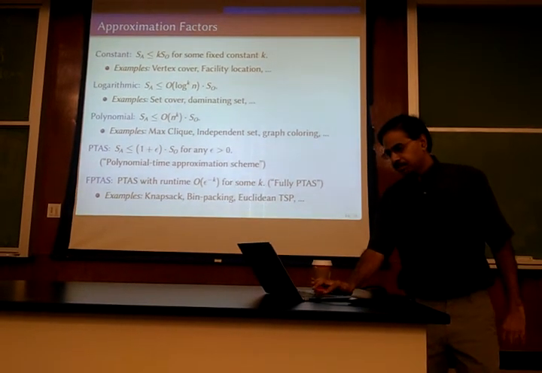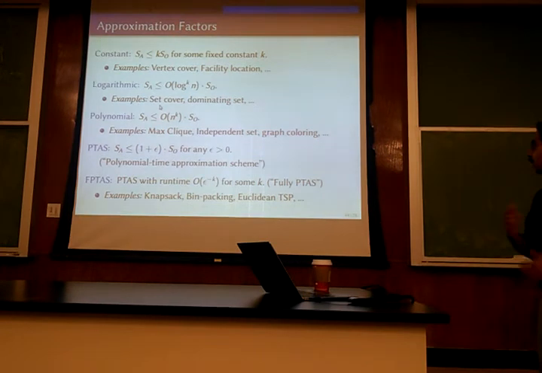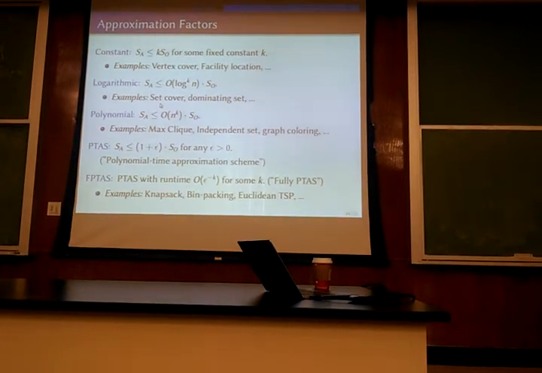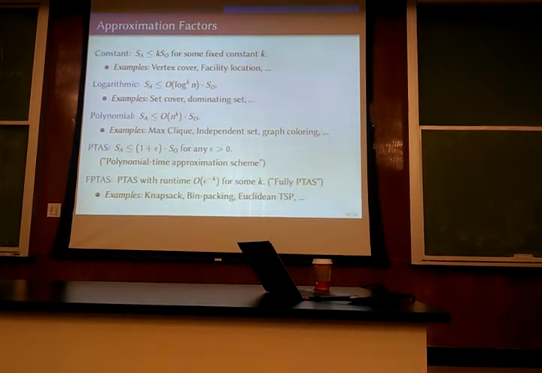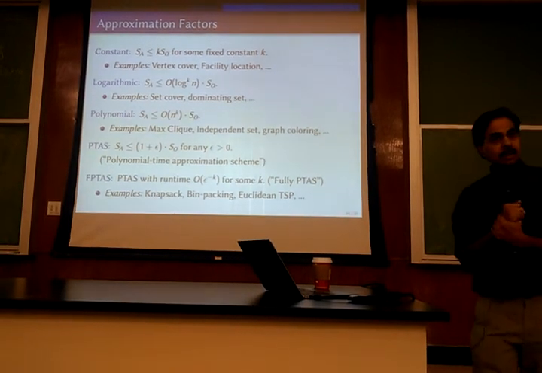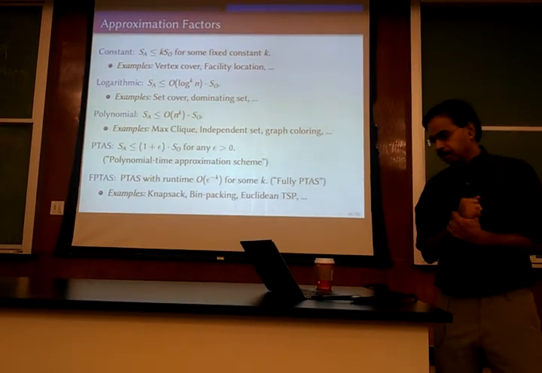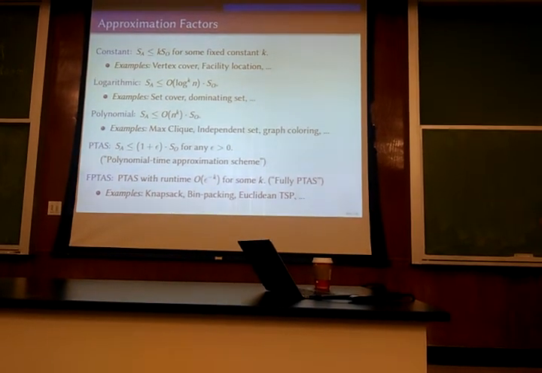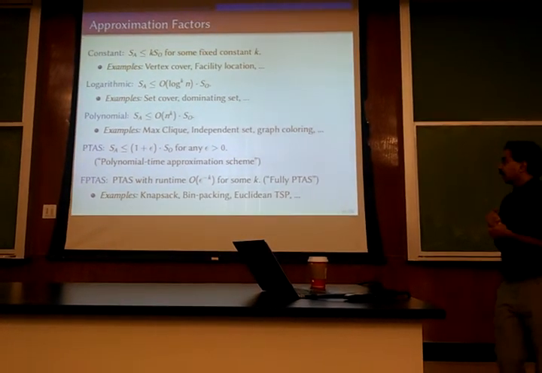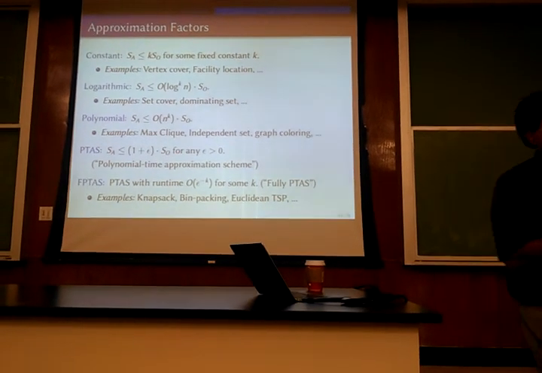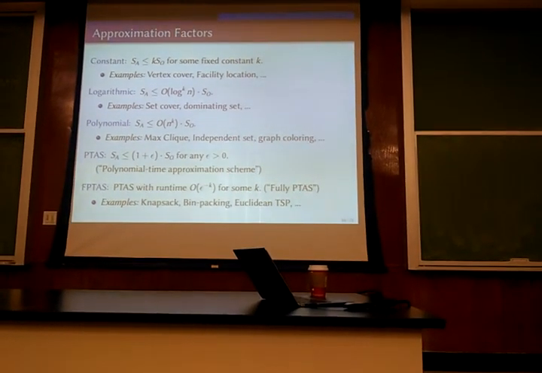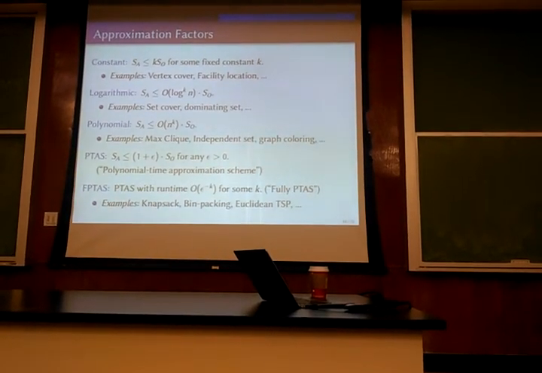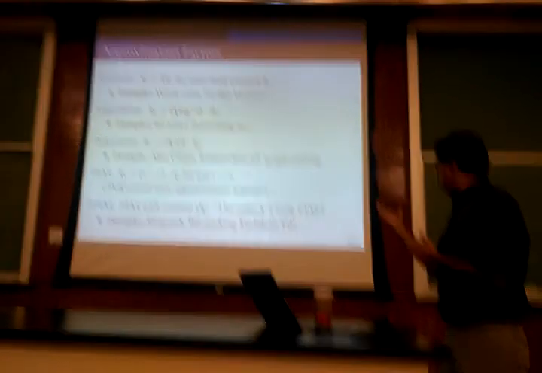So there are various problems. Once again, set cover is an example of a problem where you have a logarithmic factor between the approximate algorithm and the optimal algorithm. And then there are other problems like max clique and graph coloring, where approximation algorithms come within a polynomial factor.